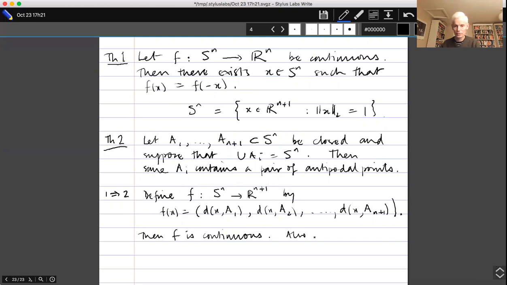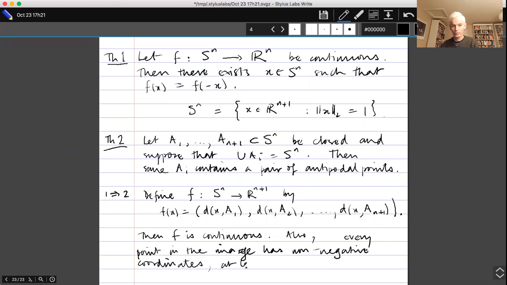Also, every point in the image has non-negative coordinates, at least one of which is 0. So it's obvious that the coordinates are non-negative because they're all distances.